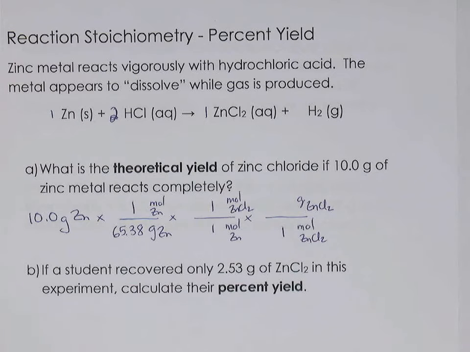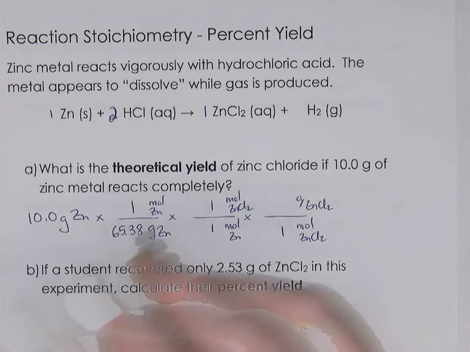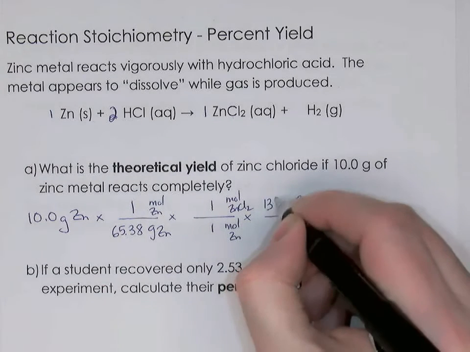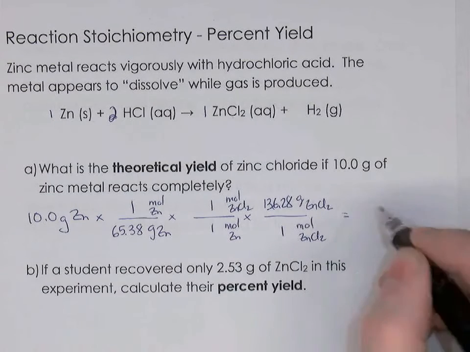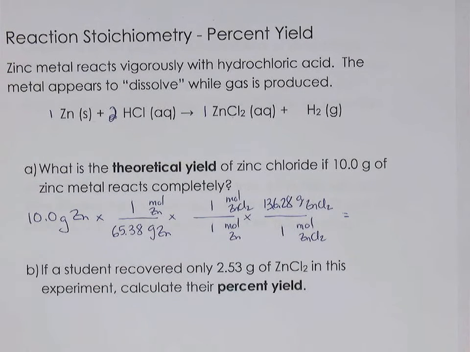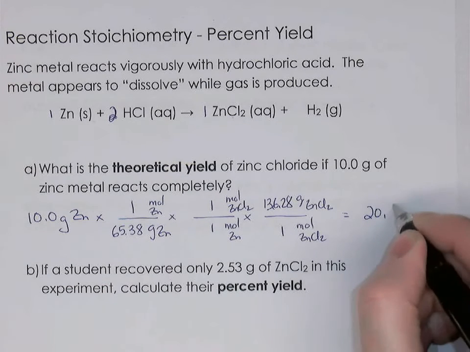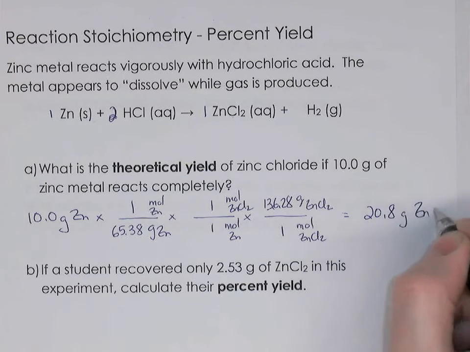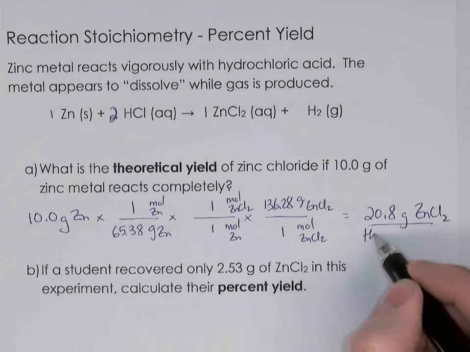We have 65.38 for zinc, plus 2 times 35.45 for chlorines, we get 136.28 grams per mole. And now we'll do 10 divided by 65.38 and multiplied by 136.28, we get 20.8 grams of zinc chloride, and that's my theoretical yield.